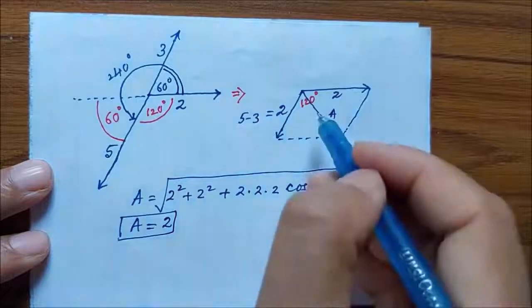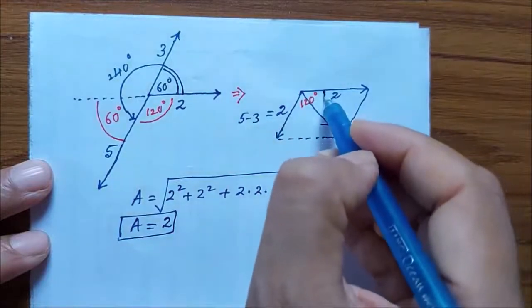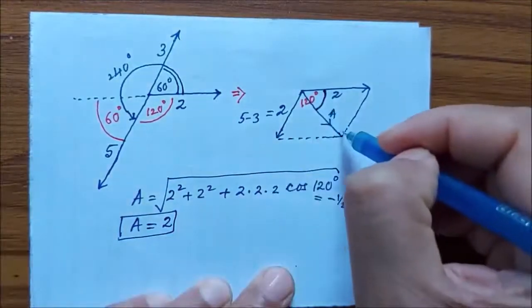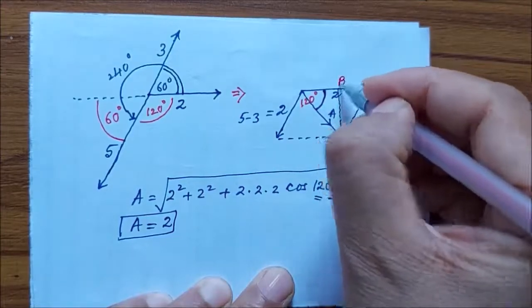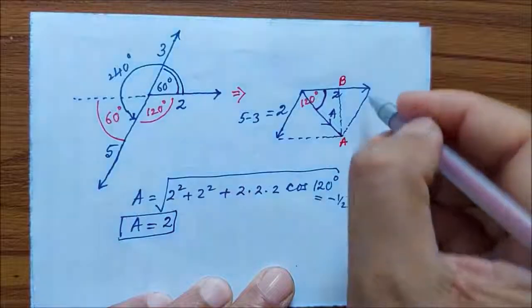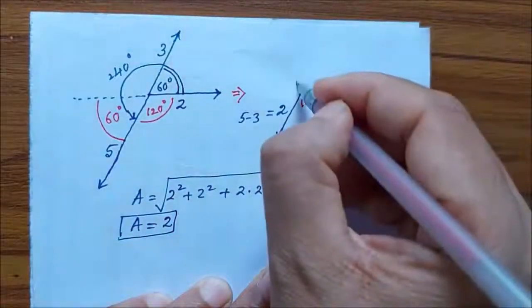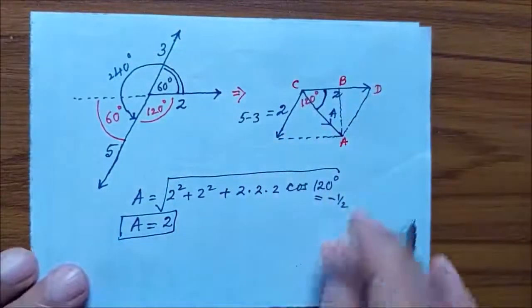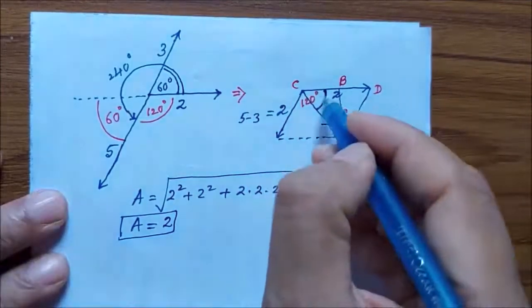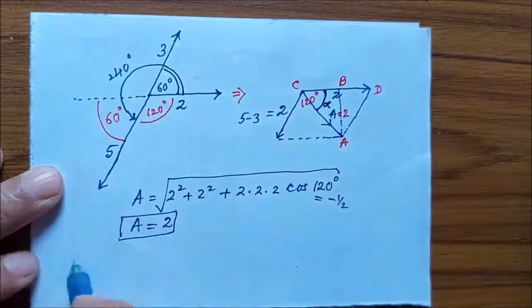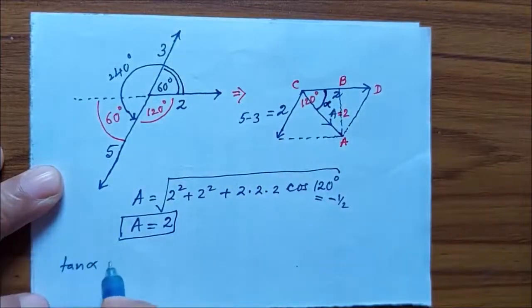Now let us find out the phase. First let us find this angle. So let us drop a perpendicular from this point first. Now call this point B. Let this point be A. Let us call this D and let us call this C. And this A is actually 2, which we got. Now this angle, say, is alpha. So what is tan alpha?